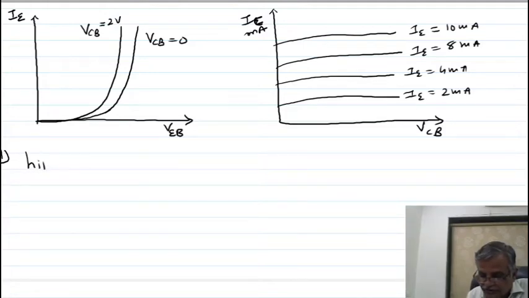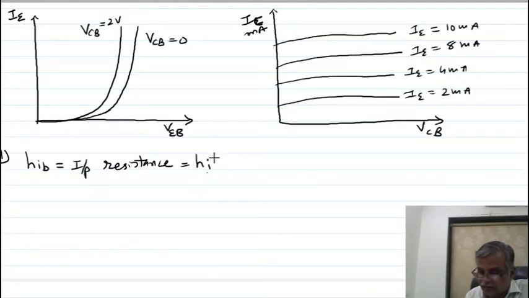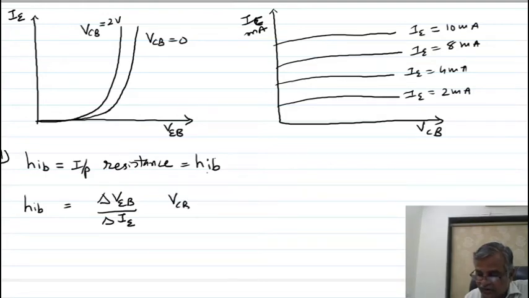Now, first parameter, input resistance hib. I for input, B for common base. The input resistance for common base configuration is the ratio of change in input emitter base voltage to the corresponding change in input current at a constant value of the collector base voltage.